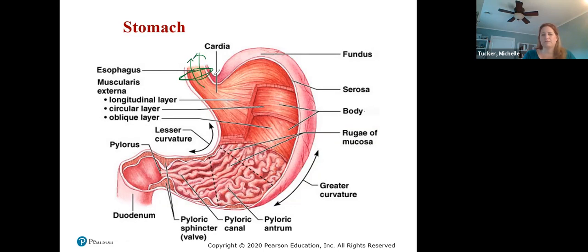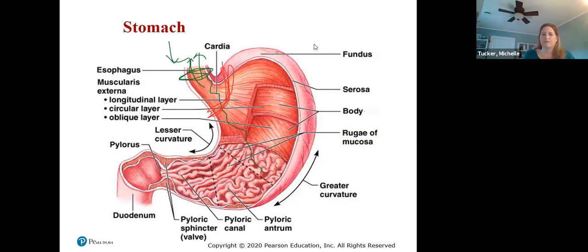We'll just touch on the stomach because that's where we're going to pick up at the next lecture. Food is going to come down through that lower esophageal sphincter, and then it is going to enter the stomach. The stomach is comprised of the cardia, the section where it joins with the esophagus.